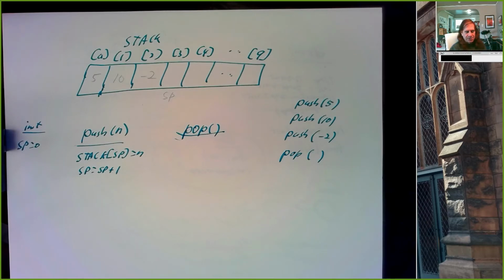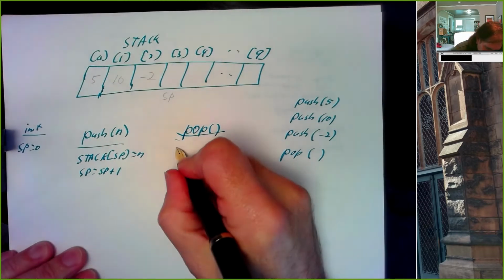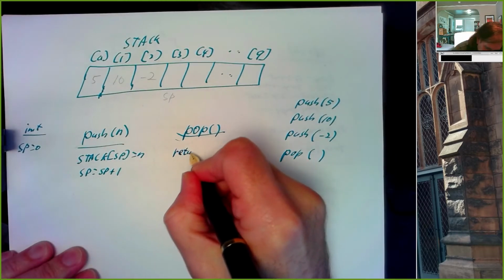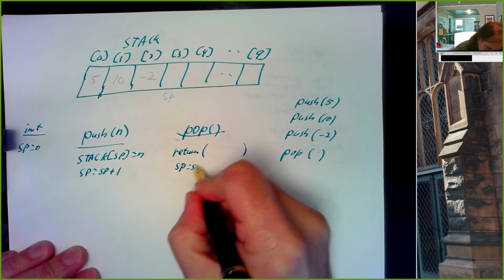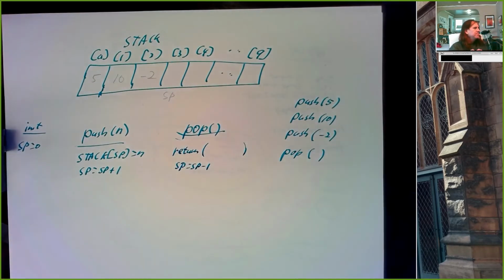Yeah, so return something and do SP equals SP minus 1. Well, what's the value that we want to return? How do we find that value in our stack?